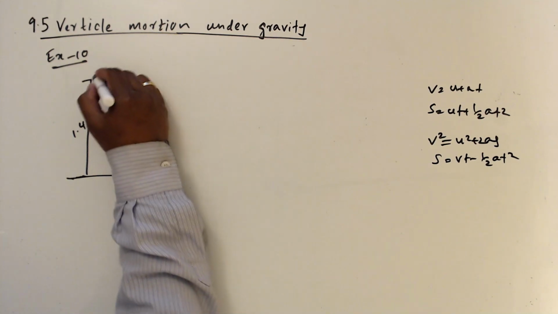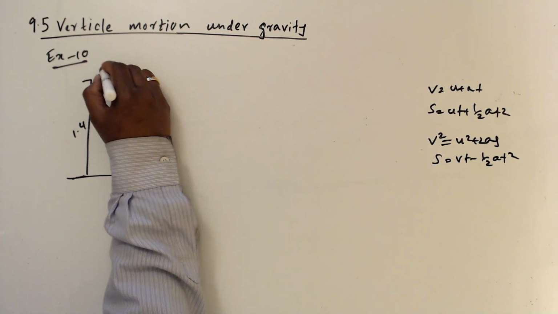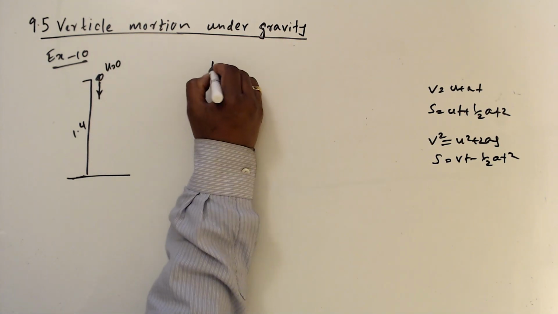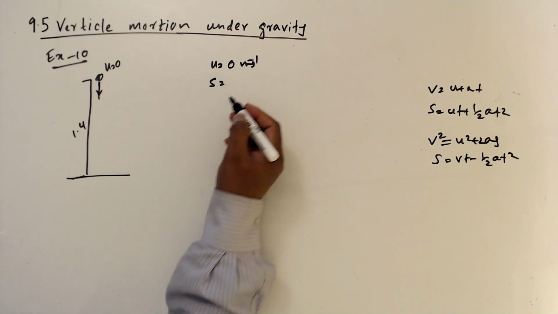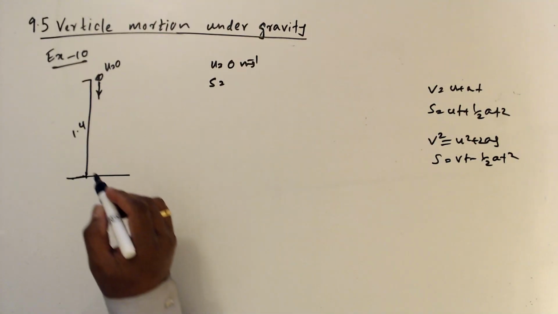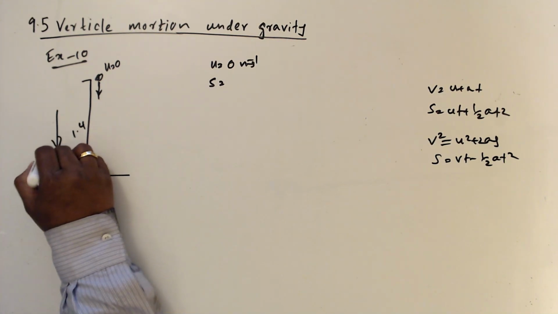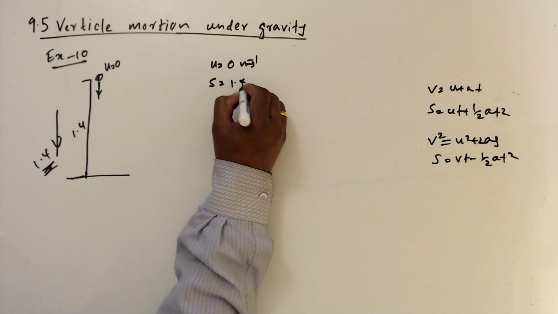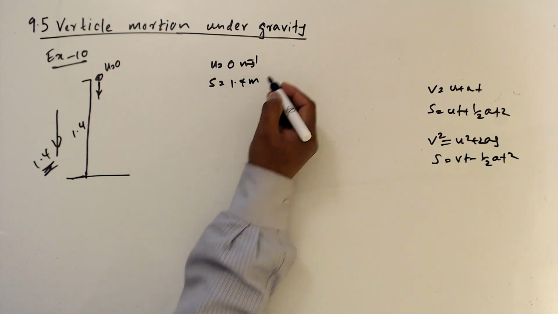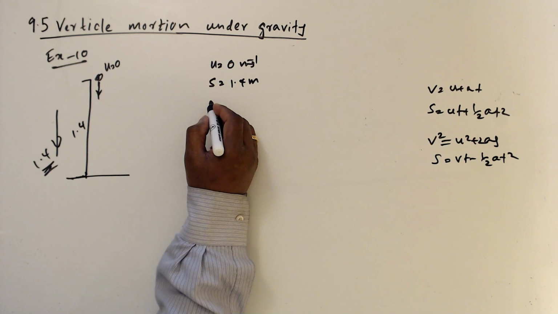Then, when the particle or the book starts, u is 0. The distance: we'll take this direction as positive, as mentioned, so this is going to be 1.4 meters. What else?